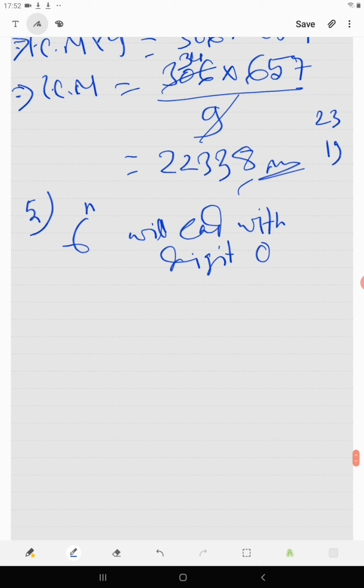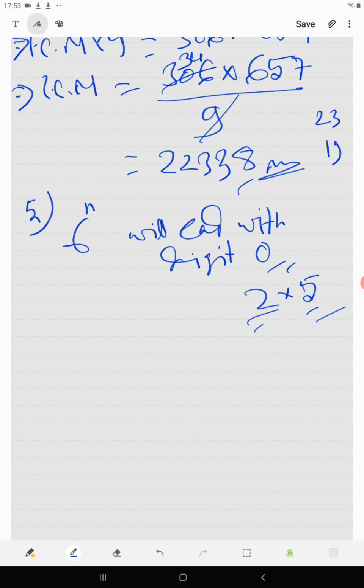Remember always, if they are telling you to find anything related to 0, then 0 will come only if it has a factor of 2 and 5. At least one 2 and one 5 should be there. It can be more than one also, but at least one 2 and one 5 should be there to get the digit 0. Then only it will end with 0. As simple as that, because 2 into 5 only gives 10.